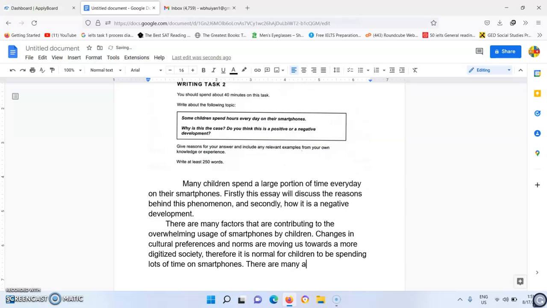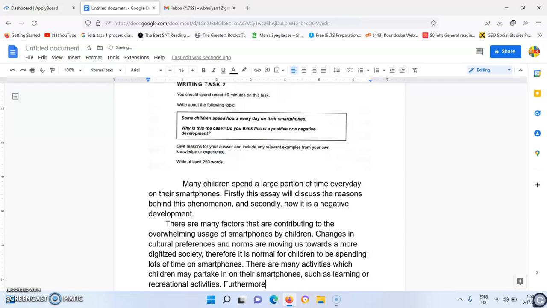There are many activities which children may partake in on their smartphones, such as learning or recreational activities.